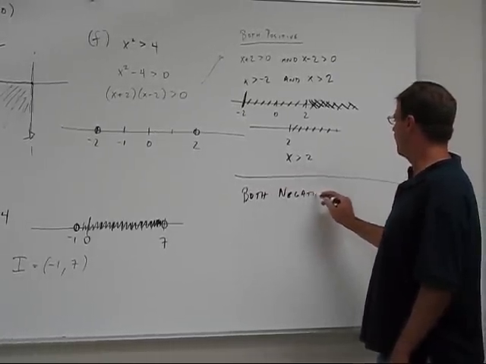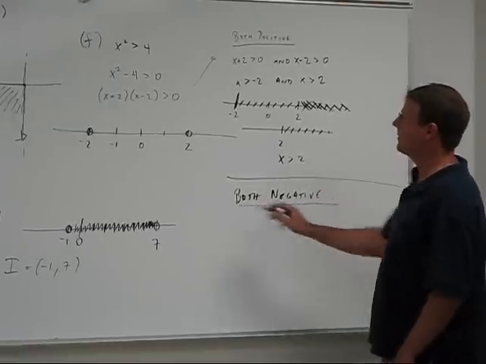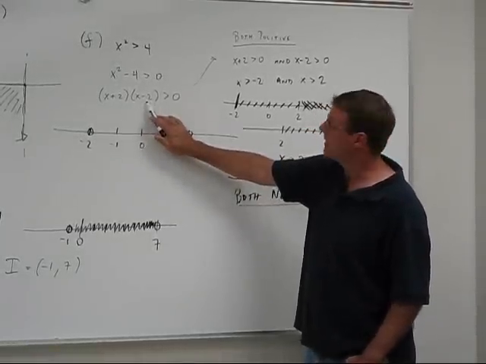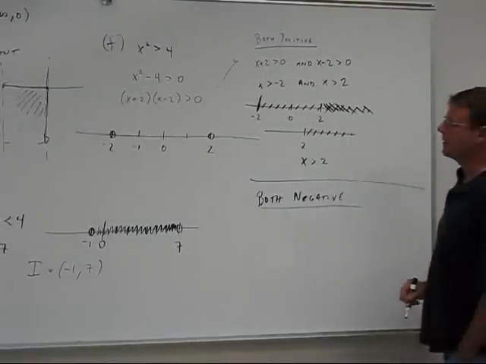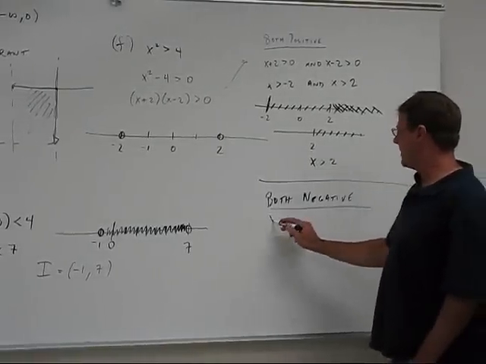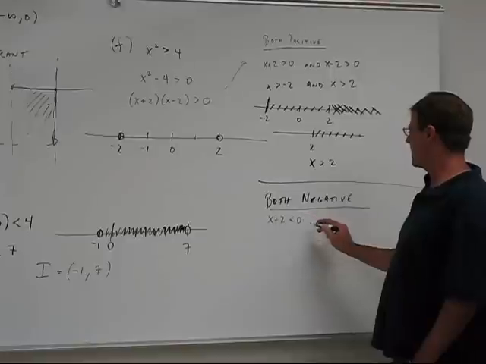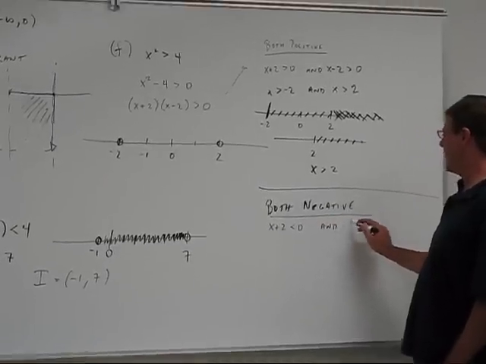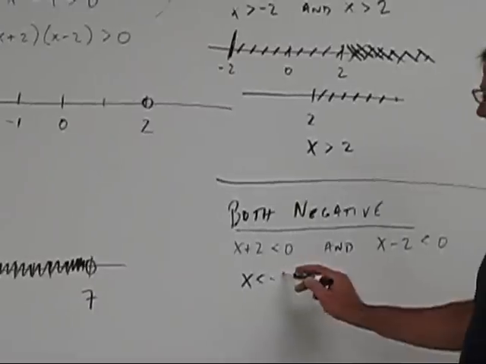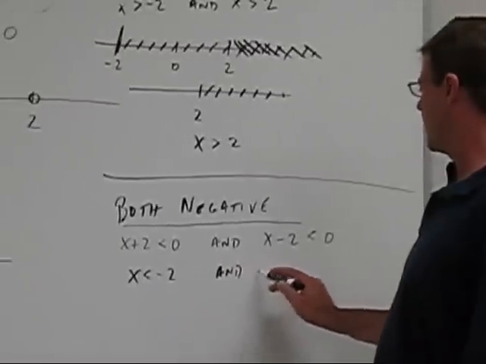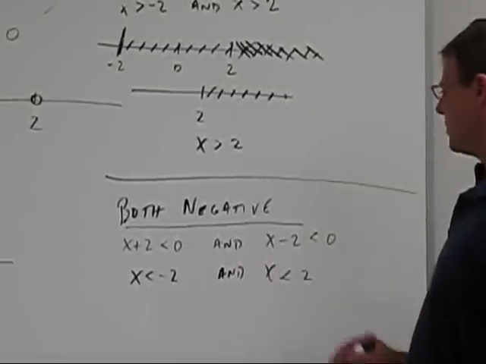Okay, so that's both positive, and then both negative. That means if this is negative and that's negative, if I multiply them together, I'll get a positive result. So I have x plus 2 is less than 0, and x minus 2 is less than 0. So here we have x is less than negative 2, and x is less than 2.